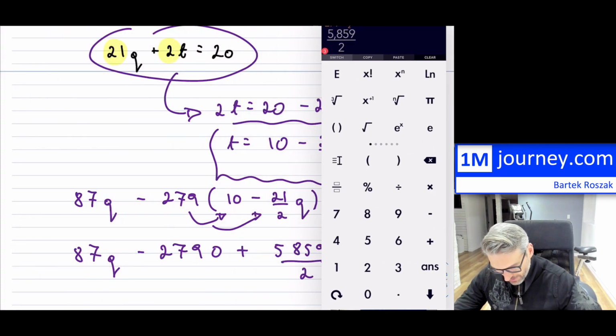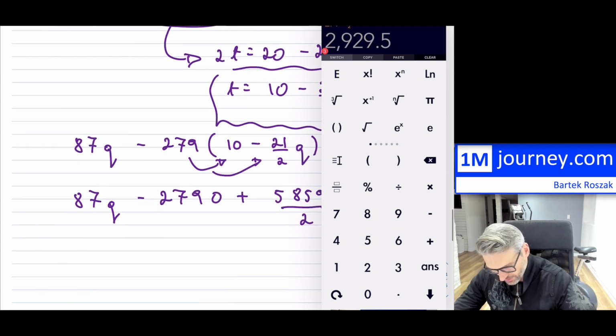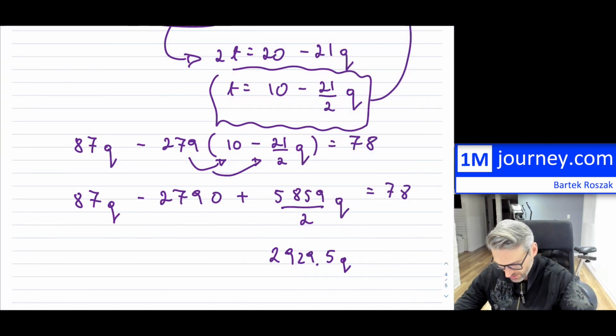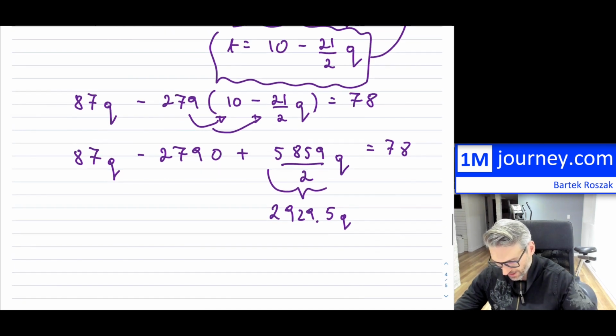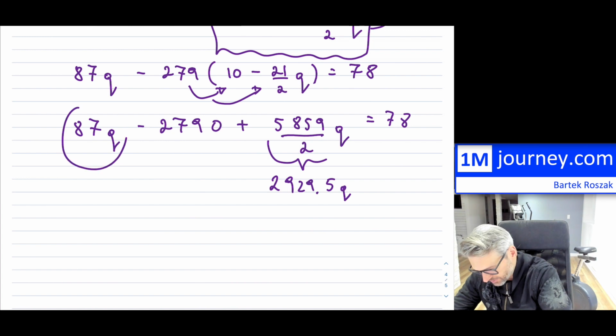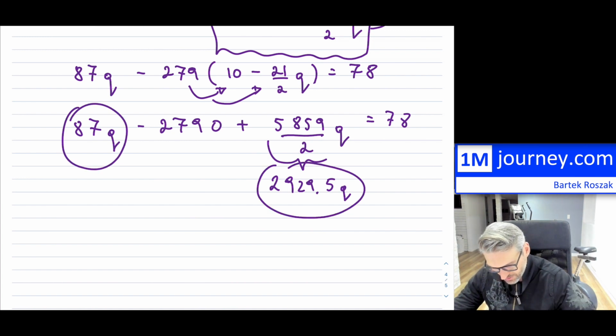Now, this is not a bad decimal to deal with, so I can certainly do that. So it's 2929.5 Q, if you want it to stay in decimal form. So now I have this and this.